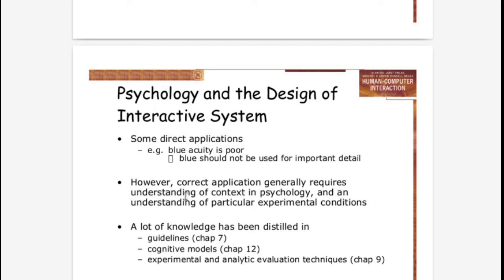However, correct application generally requires an understanding of the context in psychology and of particular experimental conditions. These things are given to us by the guidelines, by cognitive models, and by experimental and analytic evaluation techniques. We will see this later.